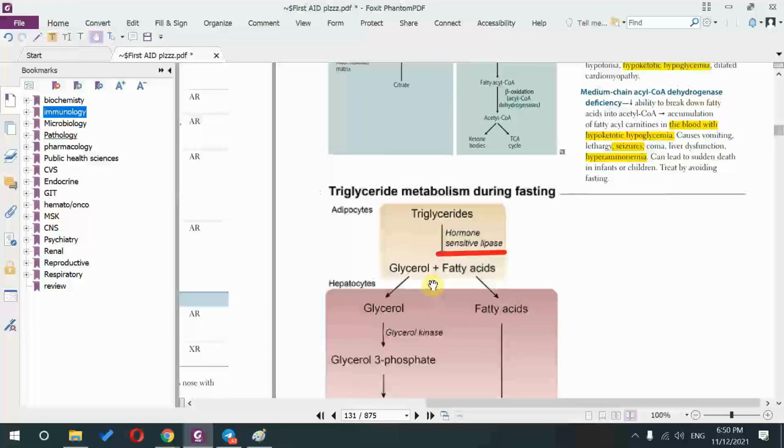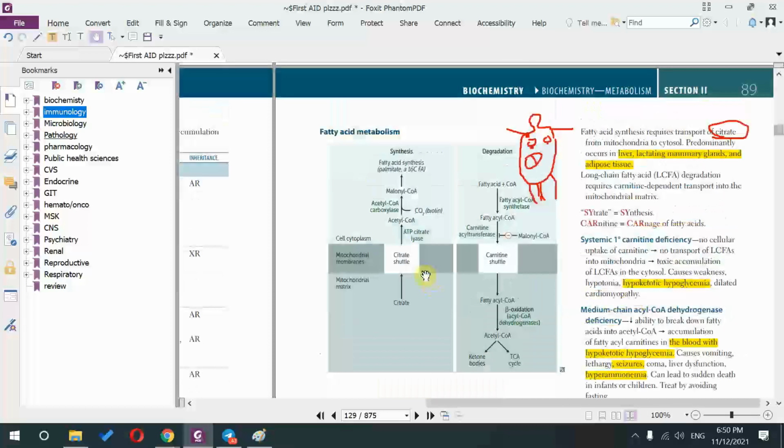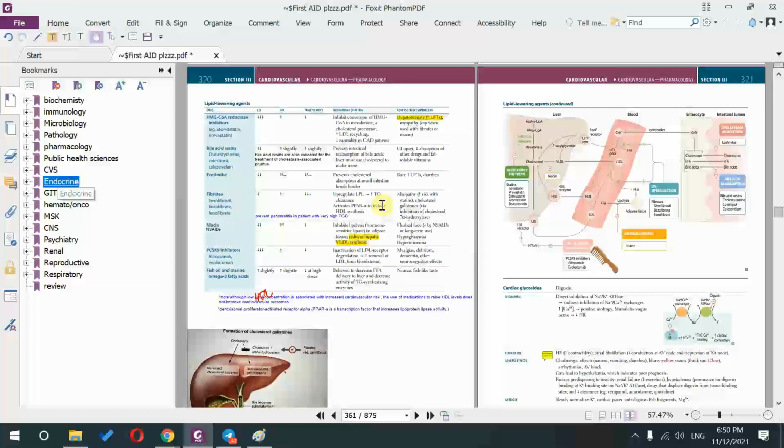Just notice what I said here. I told you that the citrate, which comes from the TCA cycle, can make you fatty acids, after going through a few steps like acetyl-CoA and malonyl-CoA. So, back to CVS.